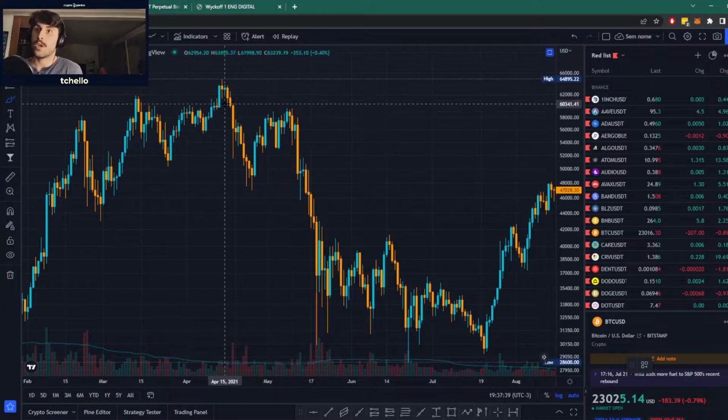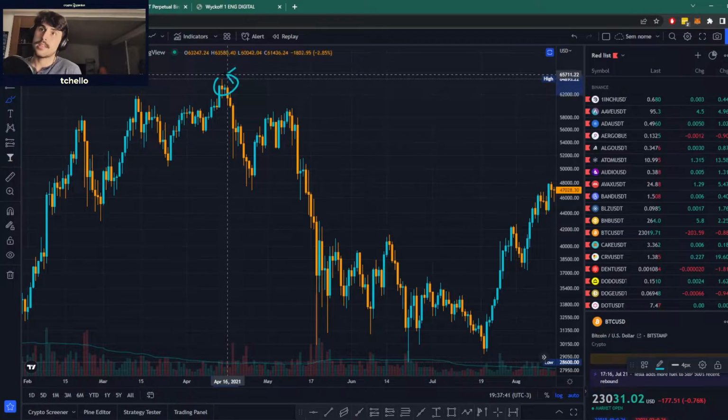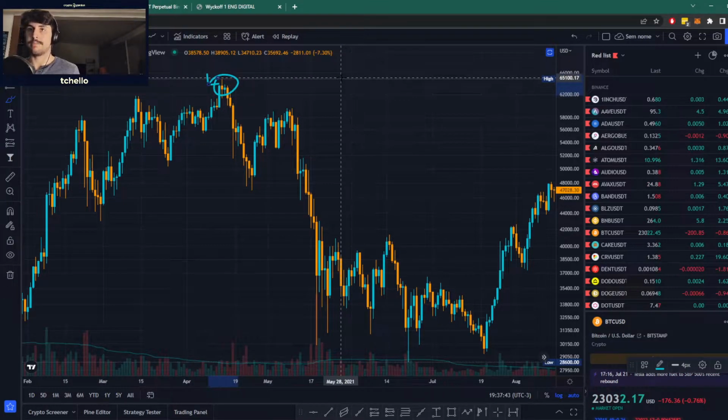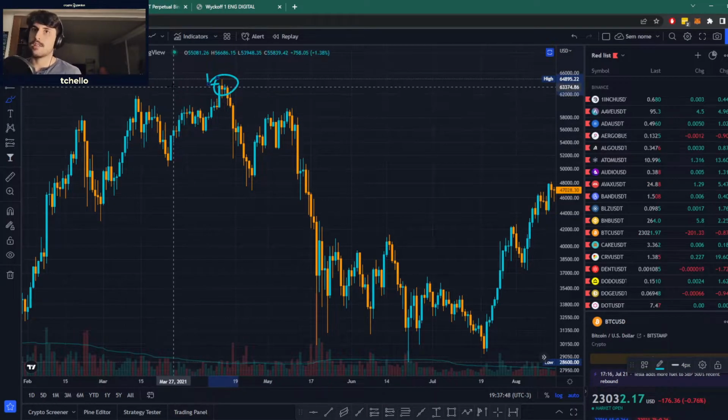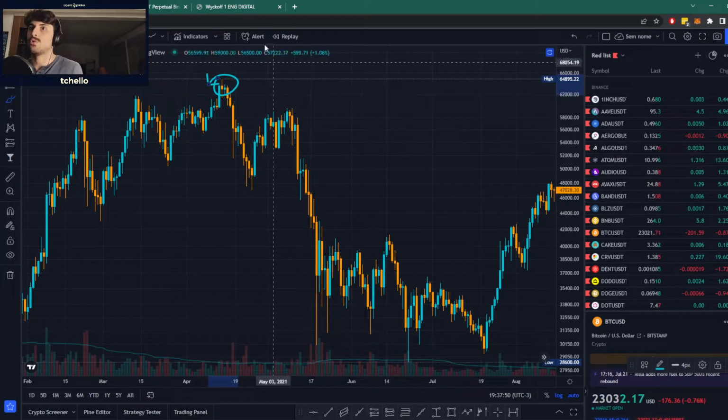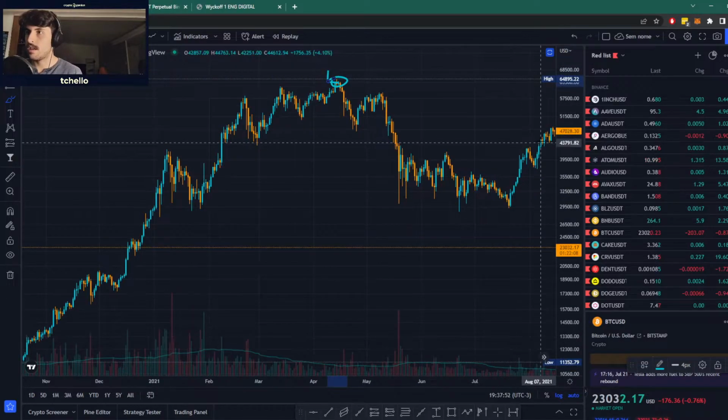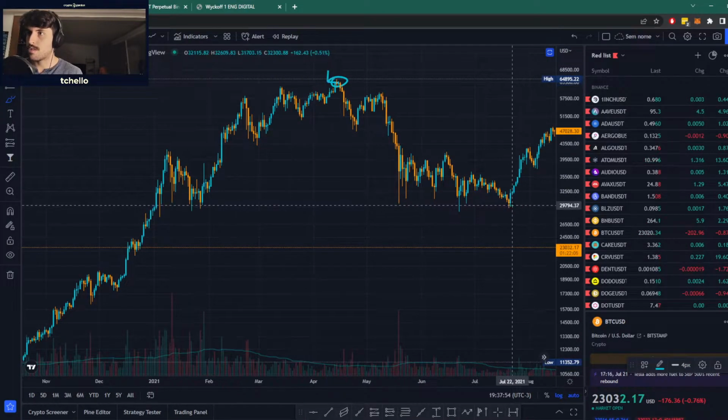So we have that last bit of push up and people say, oh my god, it's breaking out, and now Bitcoin is going to go to 100k. Or like here, oh my god, Bitcoin is breaking down and now it's going to go to 2k.